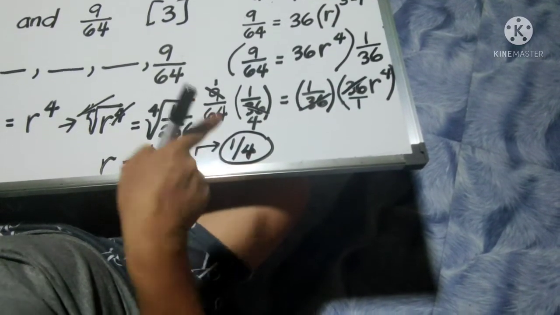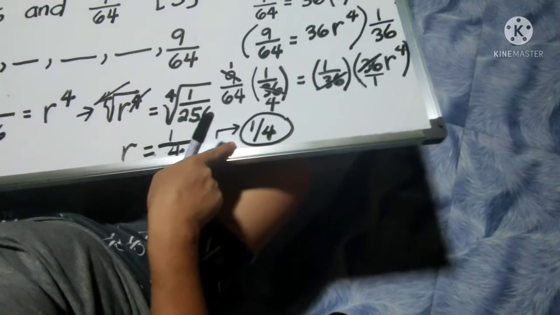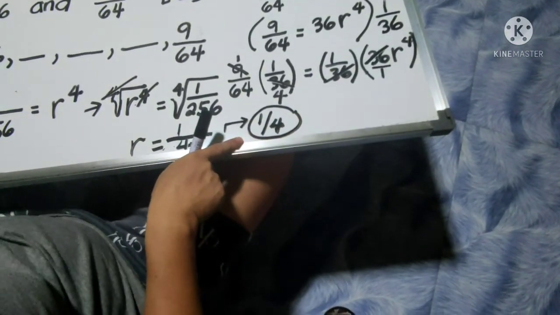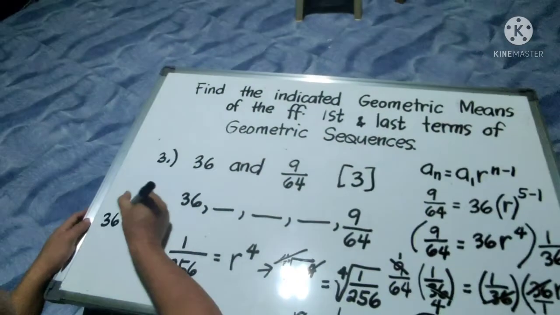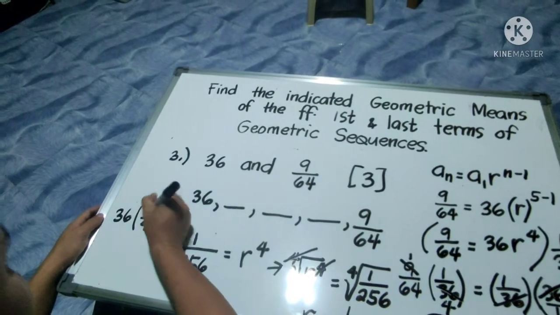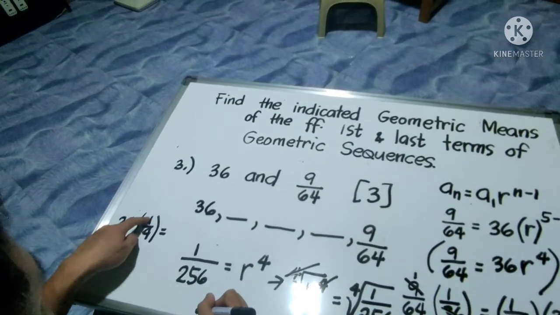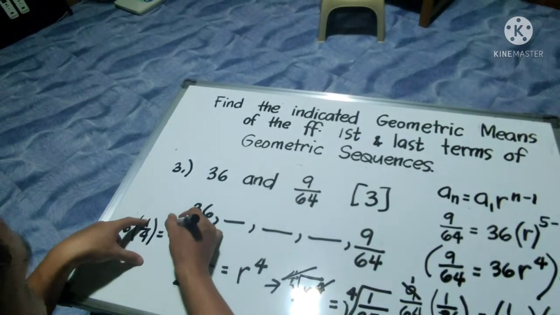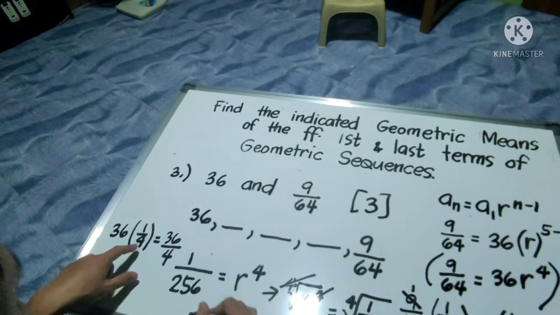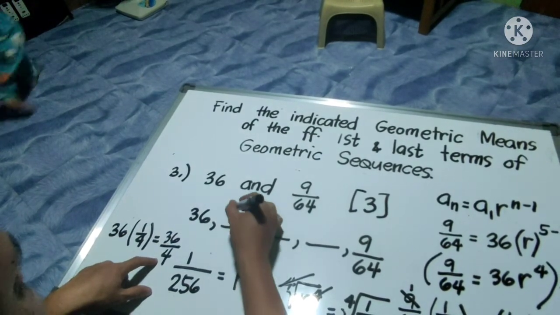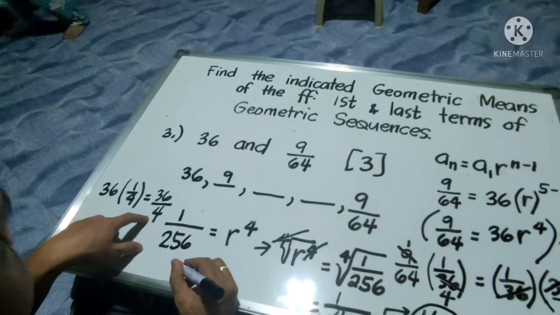After that, this will be multiplied to our known term. So you will have 36 times 1/4. So that will be 36 times 1/4 is equal to, you multiply your 36 to the numerator. 36 times 1 is 36 divided by copy 4. 36 divided by 4 is 9. 9, right?